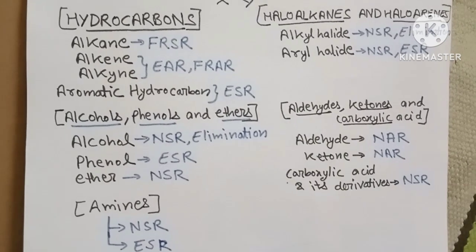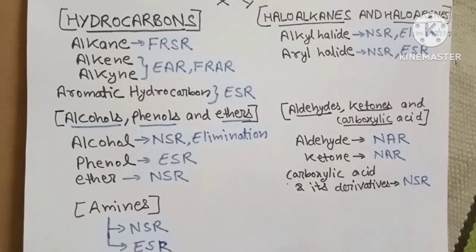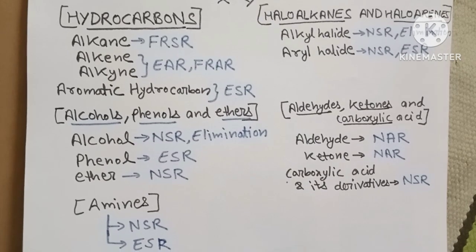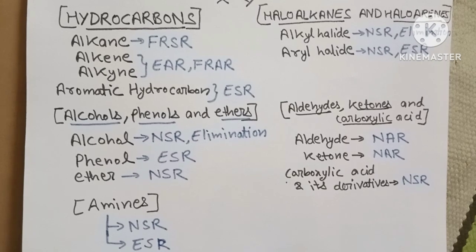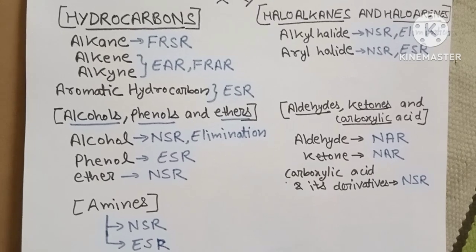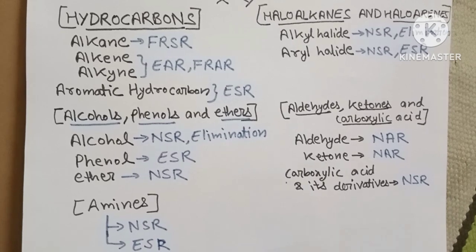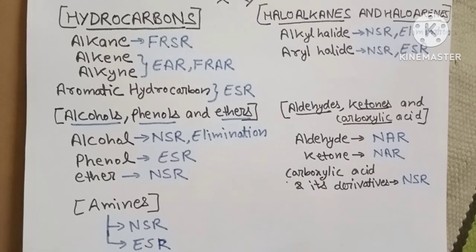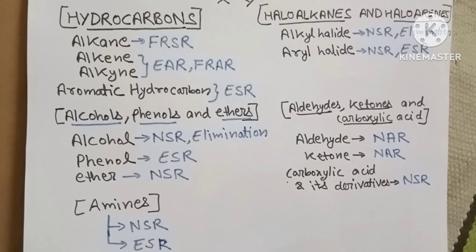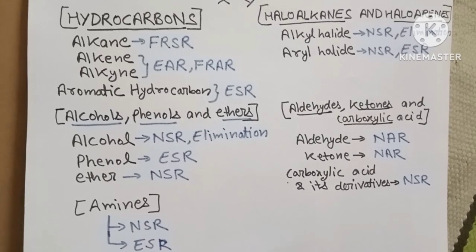And now in the next lecture we will deal with all these organic reactions one by one, and you will see how easily you will be able to recall all the reactions as well as the mechanism through which these reactions happen.